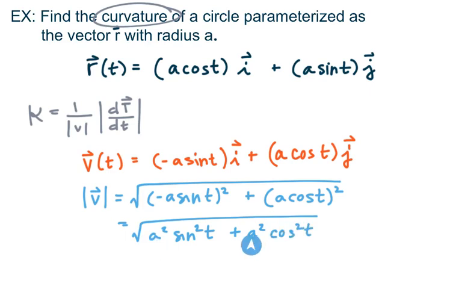If I factor out my a squareds, I've got sine squared plus cosine squared, which is 1. So this is equal to the square root of a squared, or just a.